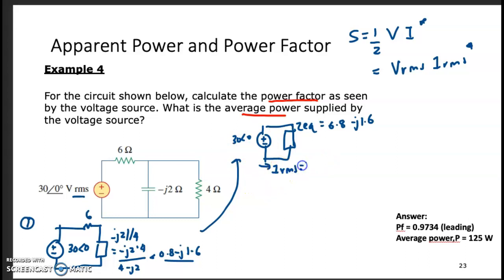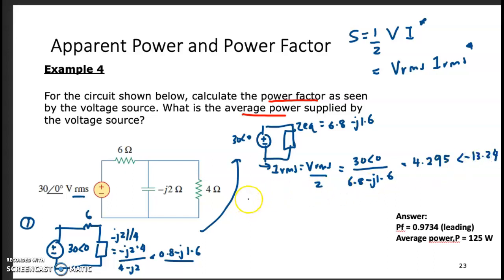It is equal to VRMS divided by Z. So it becomes 30 angle 0 divided by 6.8 minus j1.6. So you can get 4.295 angle minus 13.24.